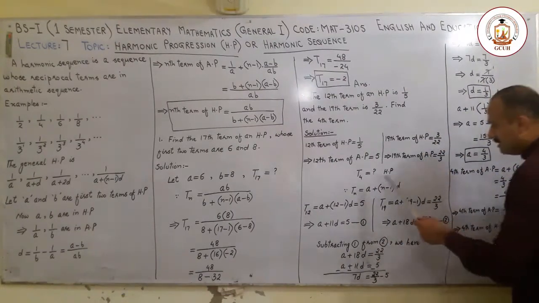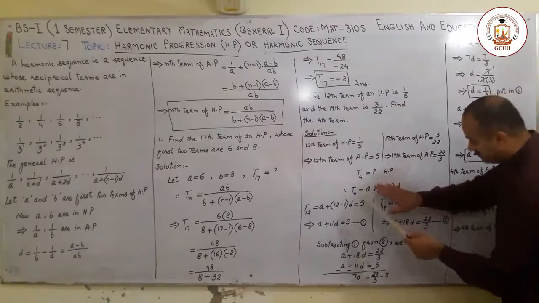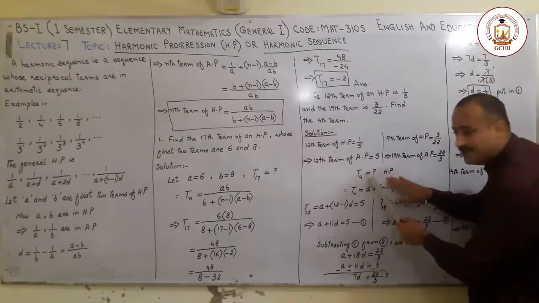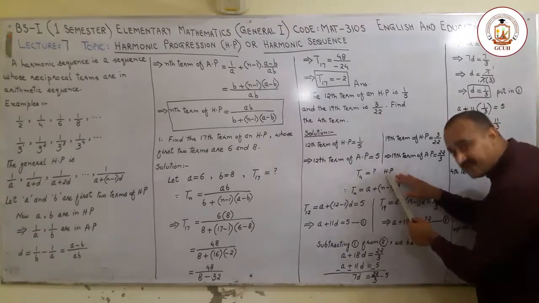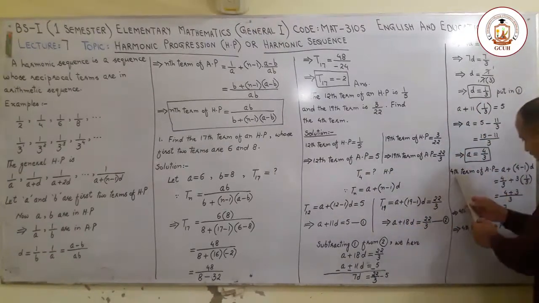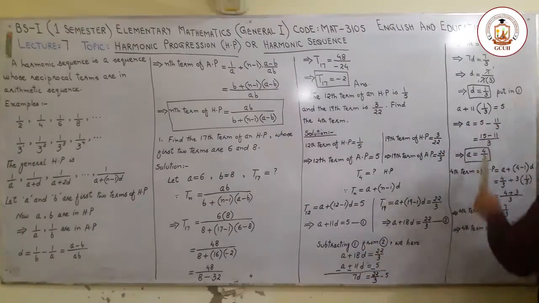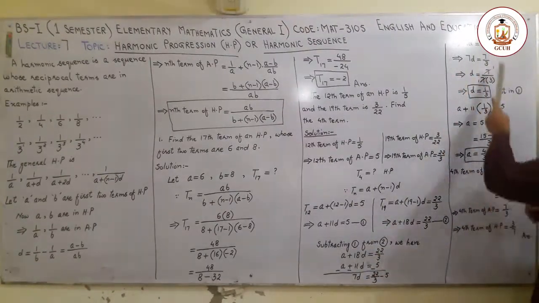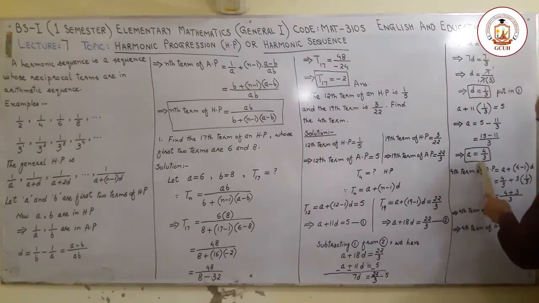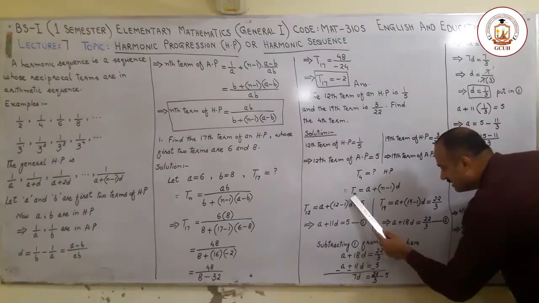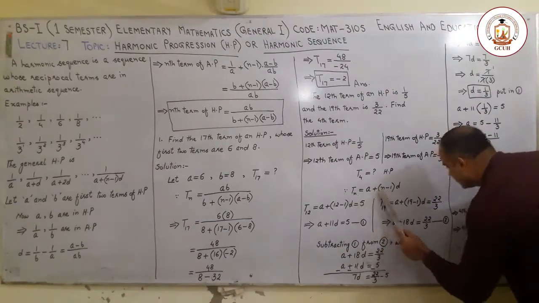So the fourth term, but we actually are interested in the fourth term of harmonic progression. But first we will find the fourth term of arithmetic progression, because all these adjustments which we have completed up till here are for arithmetic progression. So here we will substitute n is equal to 4 in these two positions.